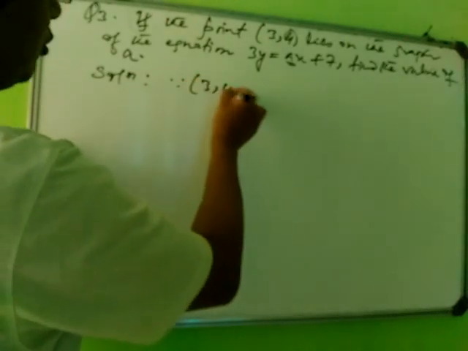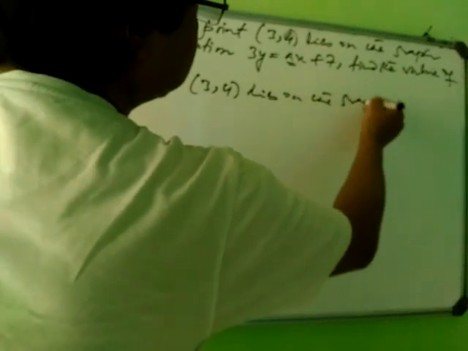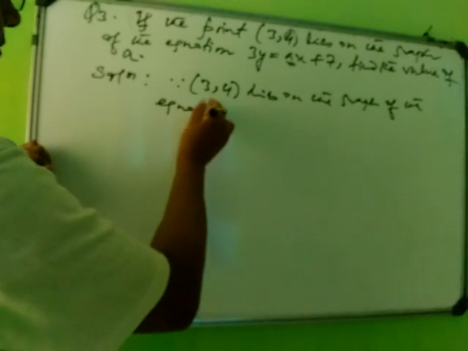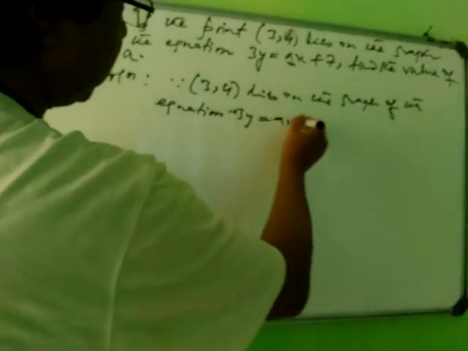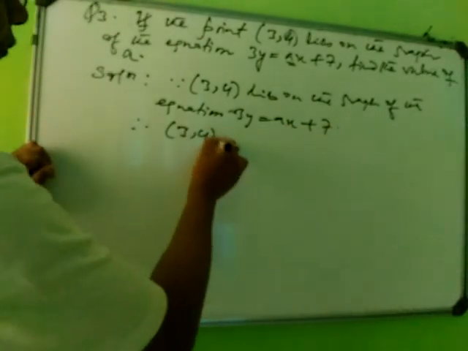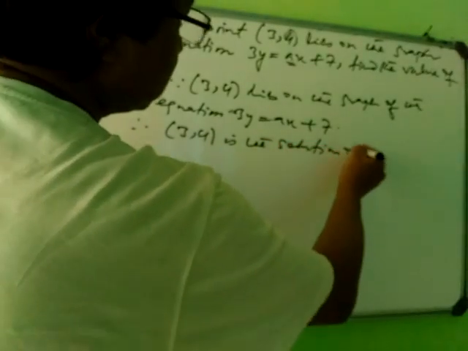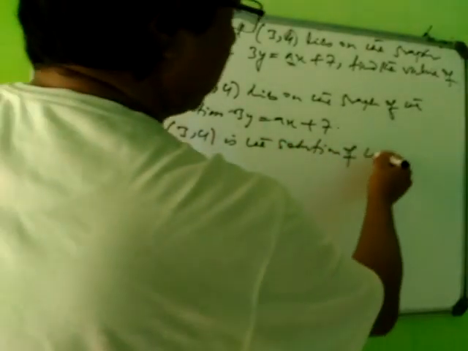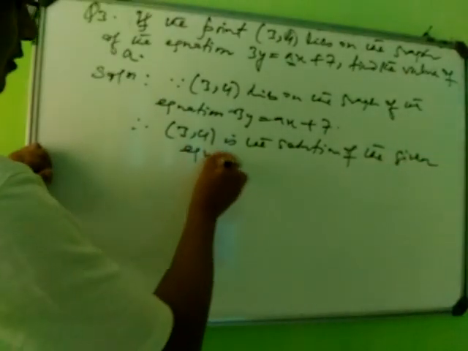Since 3 comma 4 lies on the graph of the equation 3y equals to ax plus 7, therefore 3 comma 4 is the solution of the given equation.